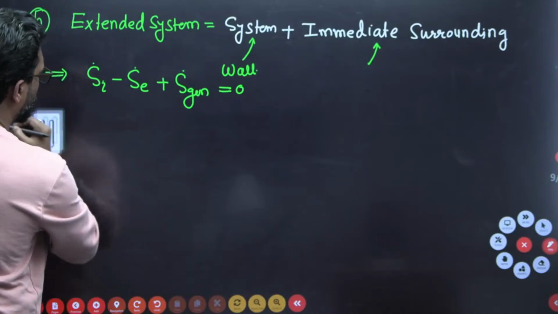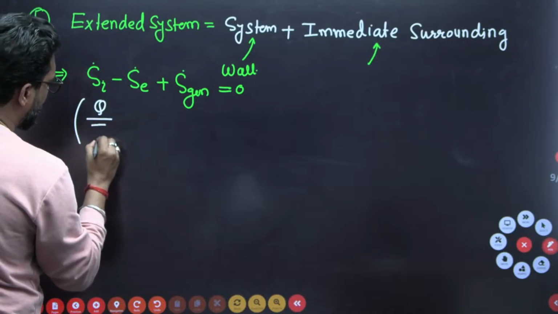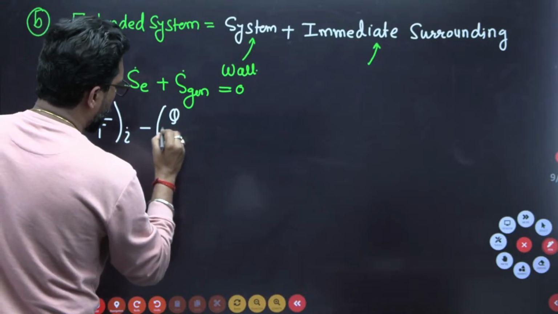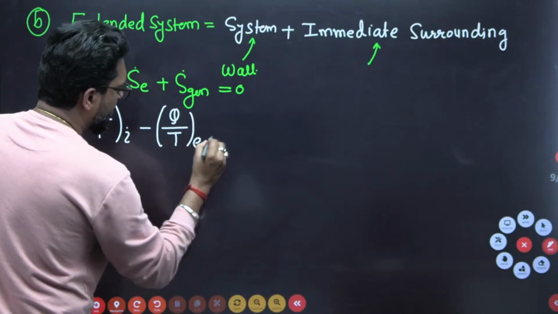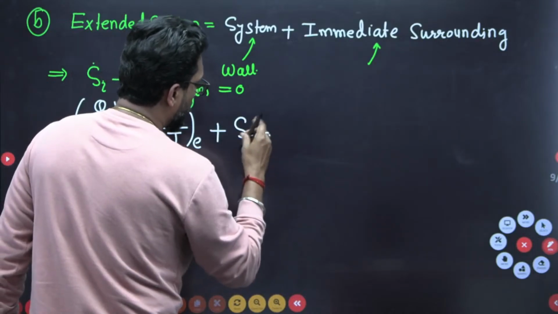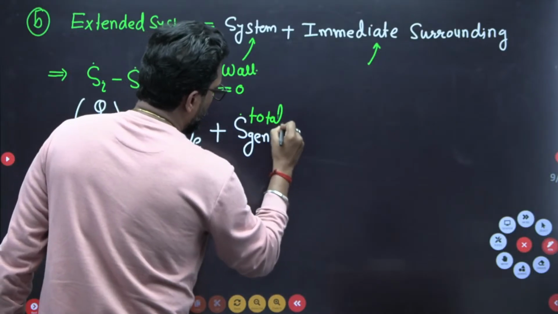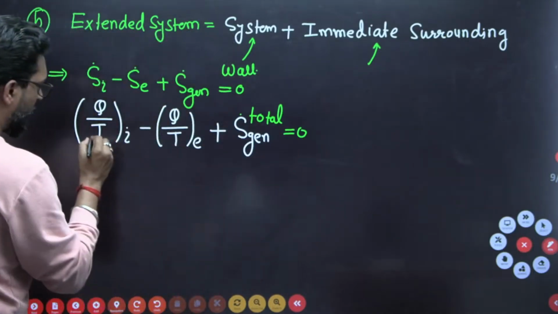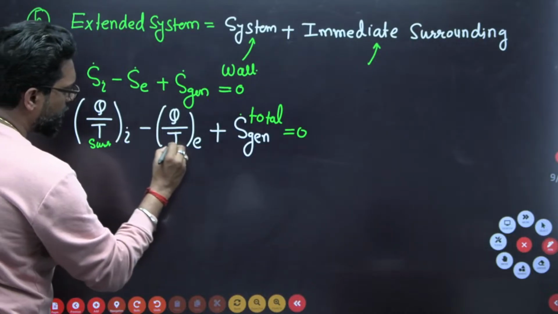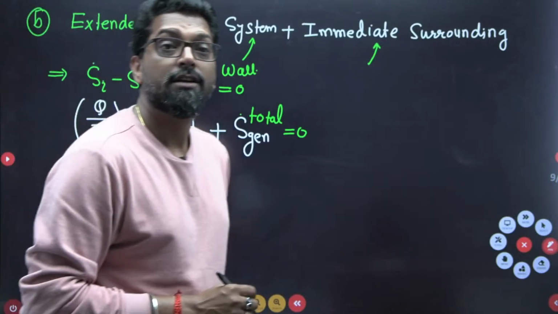So heat transfer divided by T at inlet minus heat transfer divided by T at exit plus, very important, entropy generation. We have to find the total entropy generation, so for the total we have to put the temperature of the surrounding.